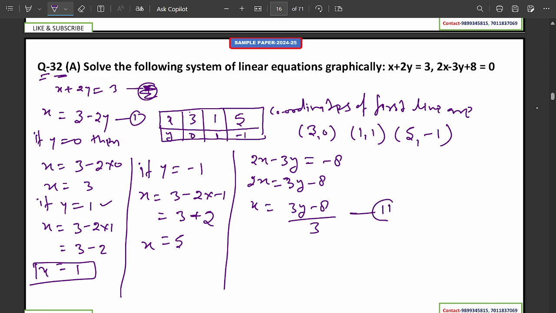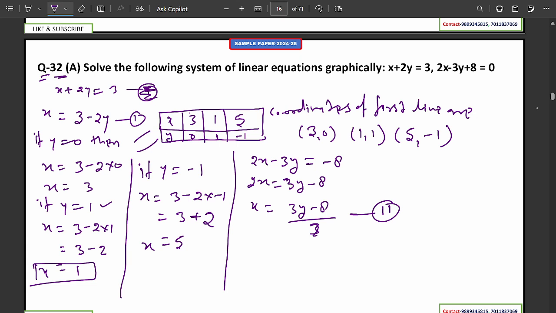This is equation number 2. Now we just put values and find the coordinates, as we did for equation number 1. We also need three coordinates for equation number 2.